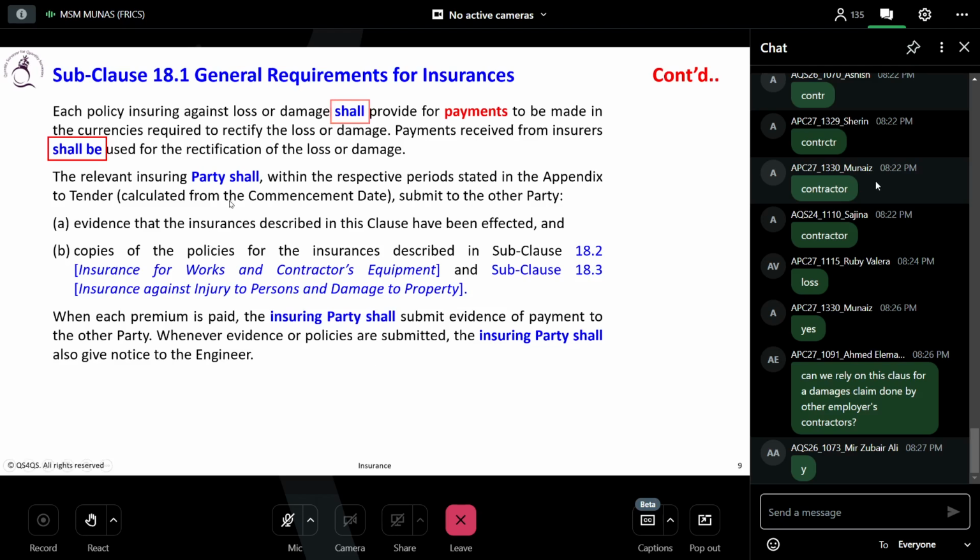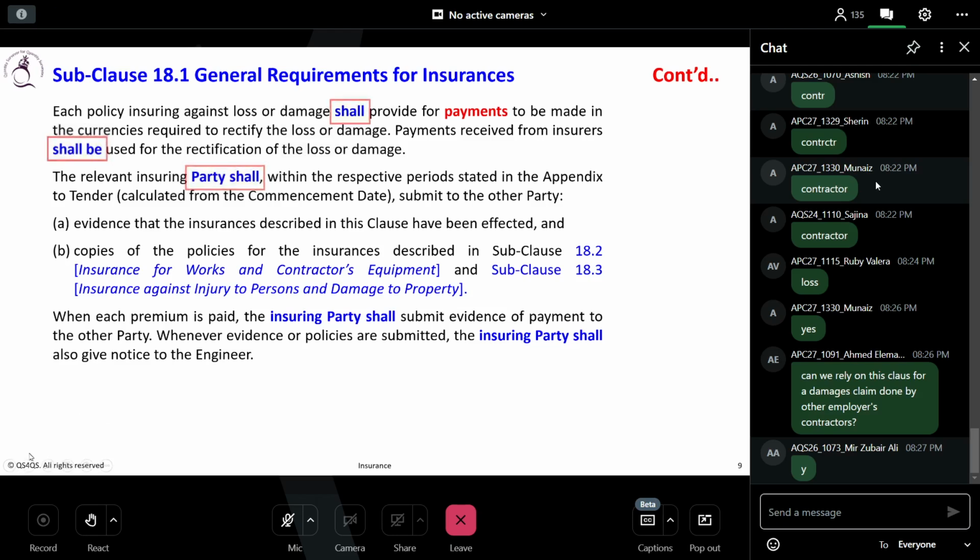So the relevant insuring party shall, within the respective period stated in the appendix to tender, calculated from the commencement date, submit to the other party first, evidence that the insurance described in the clause has been effected. What do you mean by that? You must prove that you got the insurance for this project.